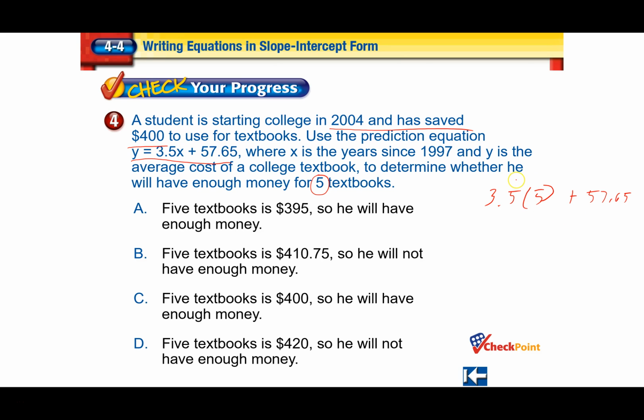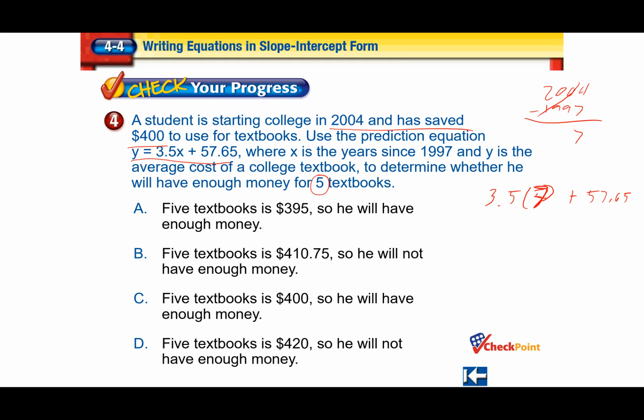That's not going to work, because they want it in 2004. So 2004 minus 1997 is going to be 7 years difference. So I actually need to put 7 into here. This will be the cost for 1 textbook, and we're going to have to multiply it by 5 after. So we'll see.